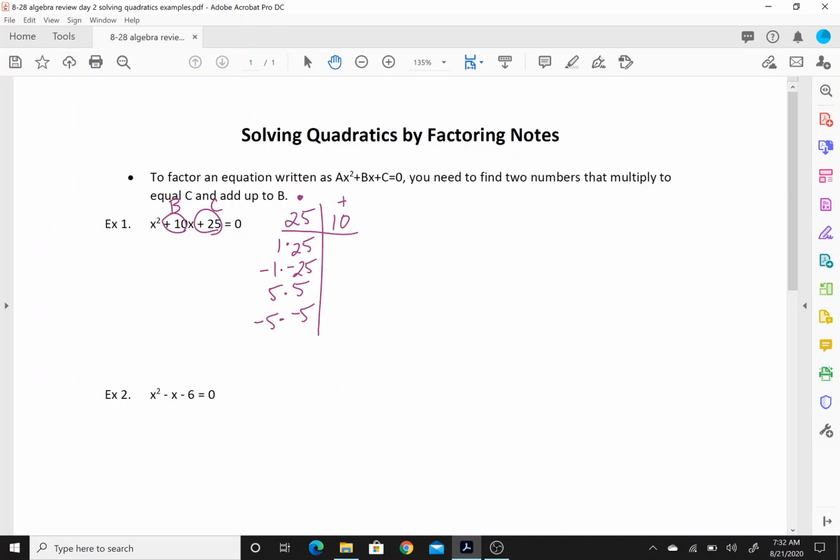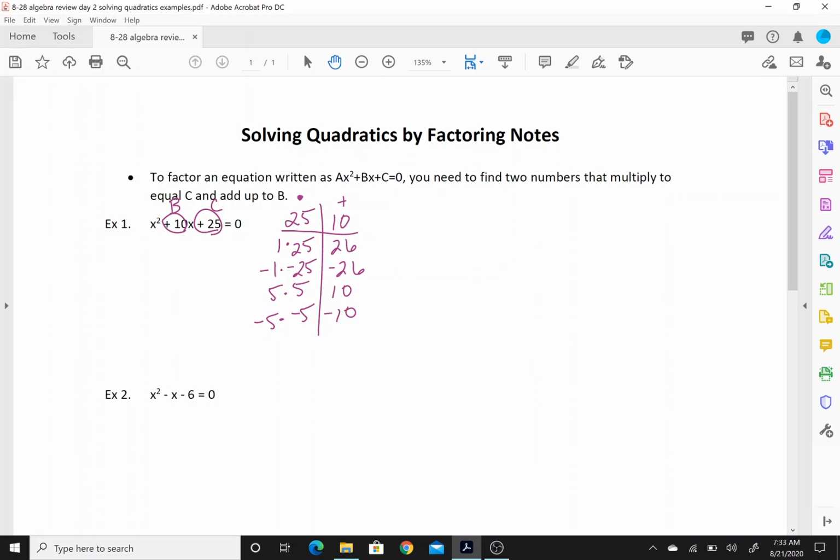Now let's take the two individual factors, add them together, and see what we come up with. 1 plus 25 is 26. Negative 1 plus negative 25 is negative 26. 5 plus 5 is 10. And negative 5 plus negative 5 is negative 10. Now look down this column on the right-hand side.